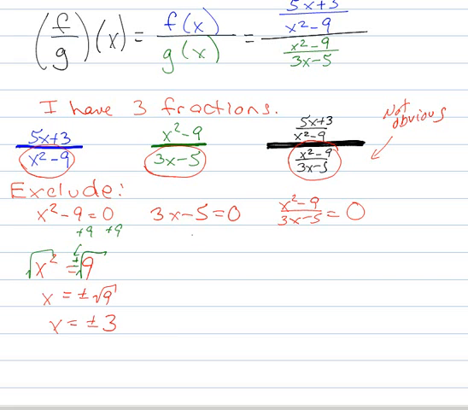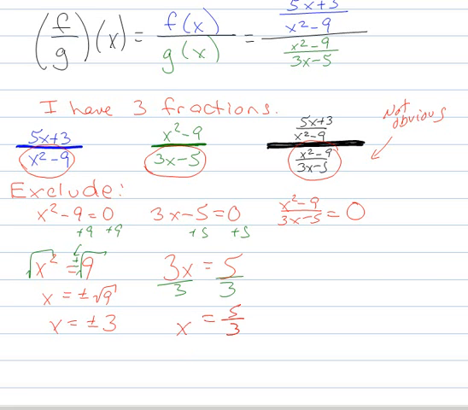All right, so we'll keep making progress. That was weird. 3x equals 5. And so x is equal to 5/3. So that's another point I want to exclude.